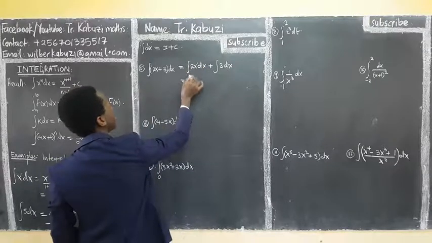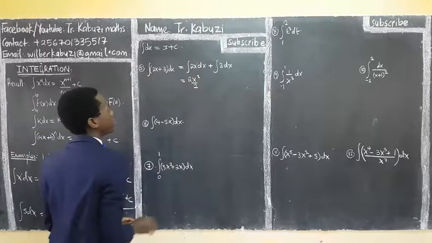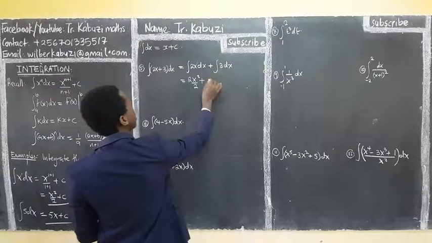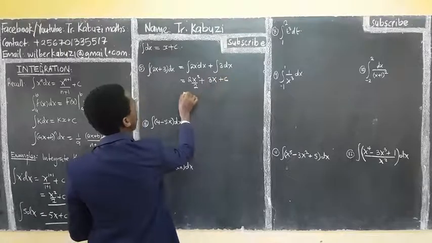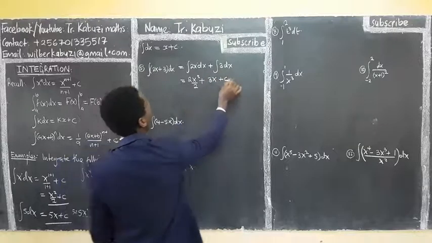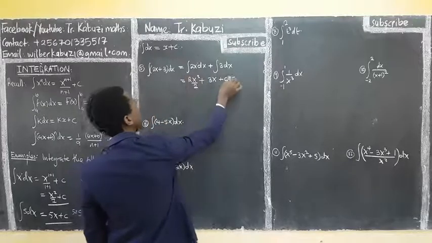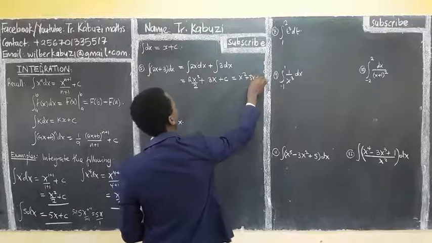So this will be now 2x squared over 2. And increase the power by 1, we get 2. Divide by that new power. Then plus this one is 3x. Then plus a constant of integration. And when you simplify this, the 2 will cancel like this, and you have x squared plus 3x plus c.